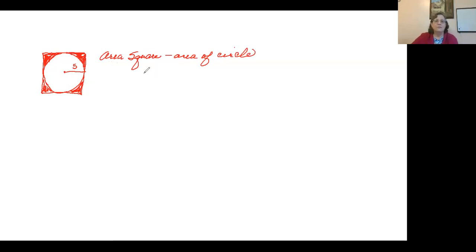So first of all, how do we get the area of a square? Well, the area of the square is going to be length times width, or just one side squared. However, we don't have the side. We have what will turn out to be half of the side.